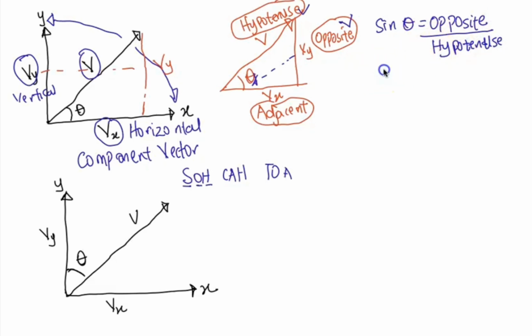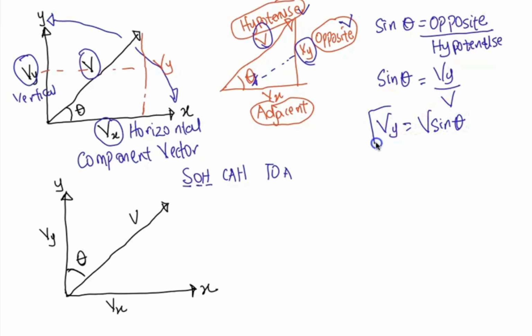So our sine theta remains sine theta. Then opposite here is Vy. So this Vy over hypotenuse is the V here. So when we cross multiply, Vy is equal to V sine theta.